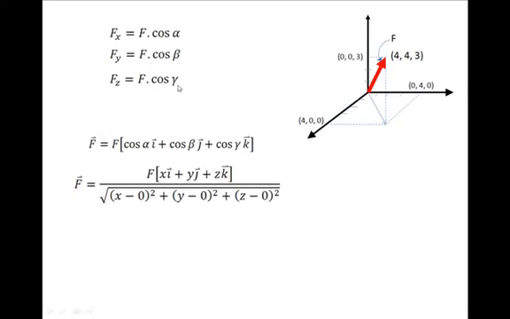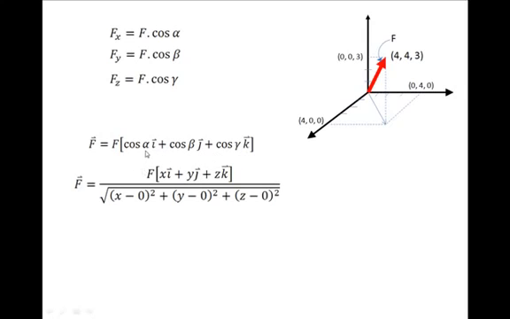If we know alpha, beta, gamma, then the force can be expressed as a vector as simply F cos alpha i plus F cos beta j plus F cos gamma k, or in other words, as shown here, magnitude F into the unit vector or its direction cosines.